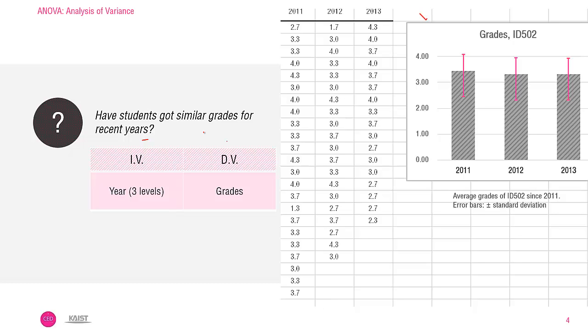So one-way ANOVA is suitable. Then the dependent variable grades are gained from 3 different samples. So the data are appropriate for the between group one-way ANOVA test.